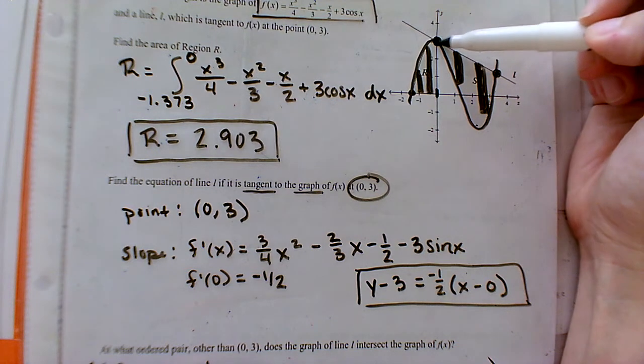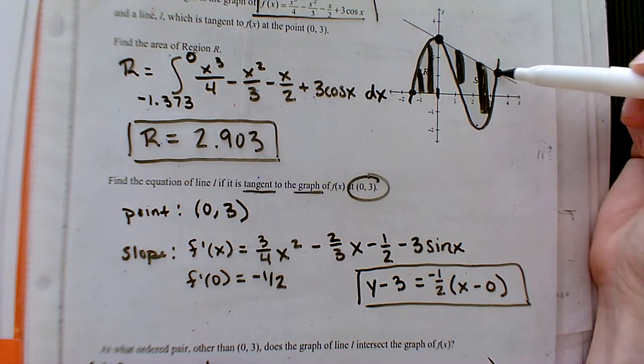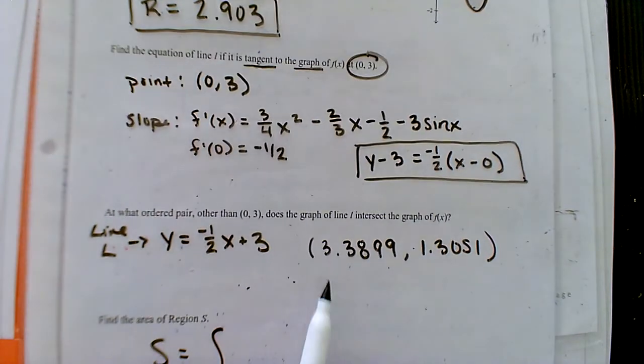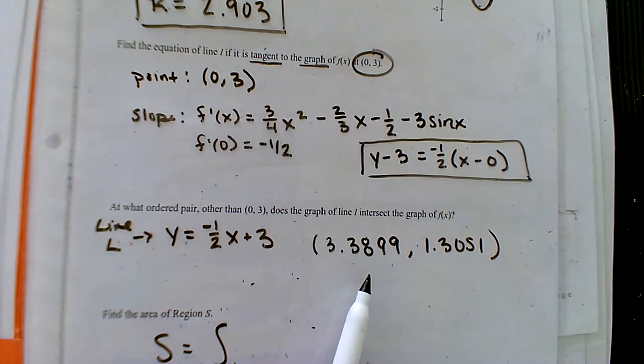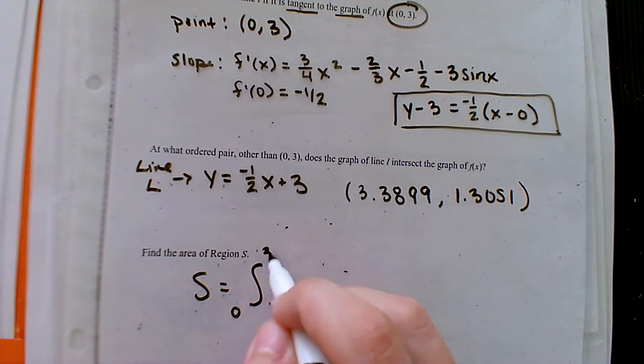Let's see, this first point where region S begins has an x value of 0. And the second point that we just found, aka the intersection point, has an x value of 3.3899. So that must be our beginning and ending bounds.